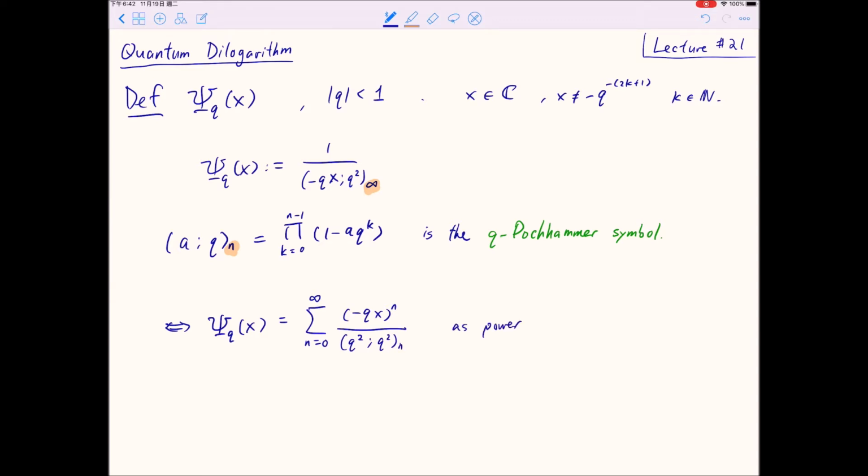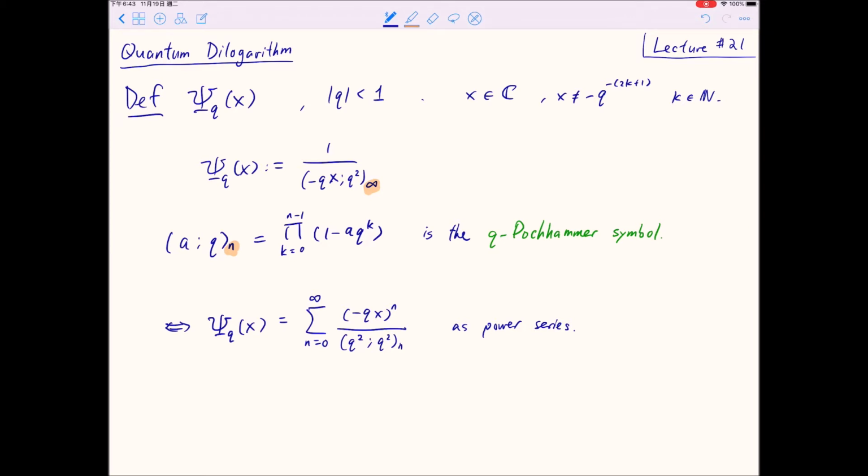One important point to note is that this power series does not have an infinite radius of convergence. The radius of convergence is actually finite. In any case, this is one way to write down the quantum dilogarithm function.